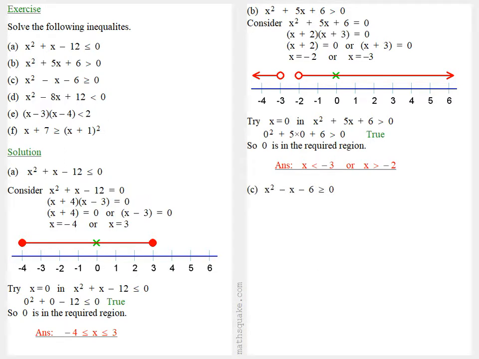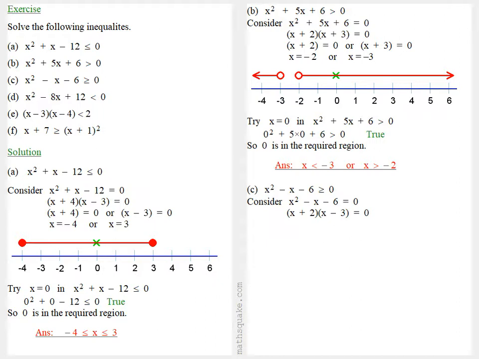Let's consider question C. In question C, we have x squared minus x minus 6 is greater or equal to 0. We're going to consider it as an equation, x squared minus x minus 6 equals 0, and factorize it. We want two numbers that add to make minus 1 and multiply to make minus 6.